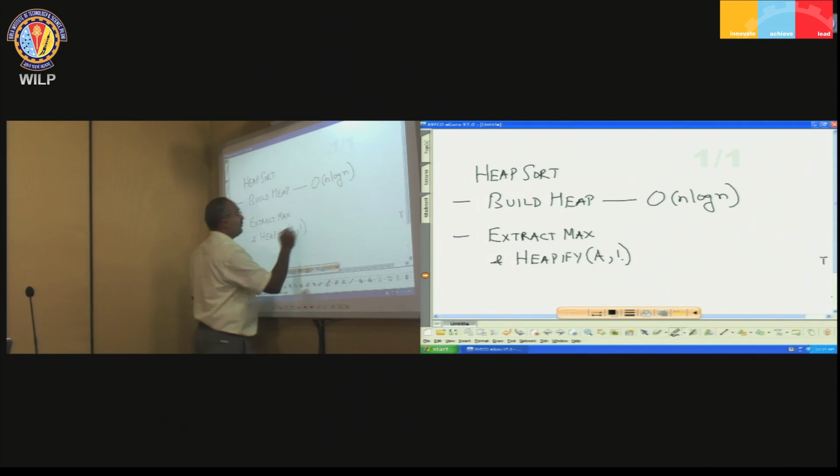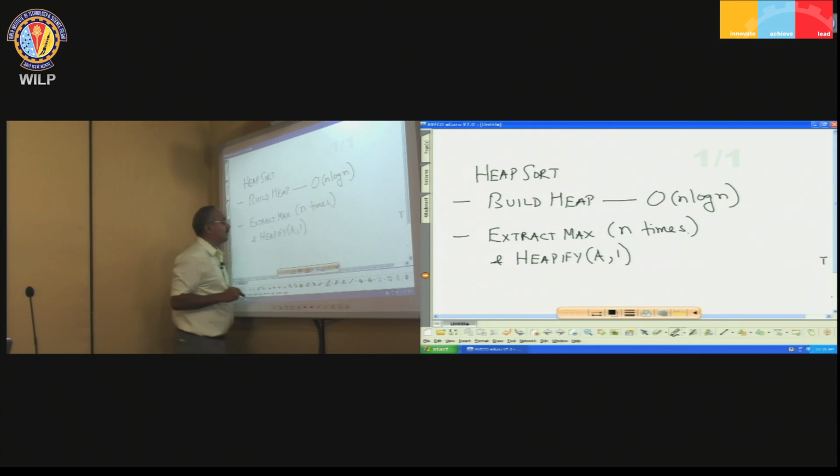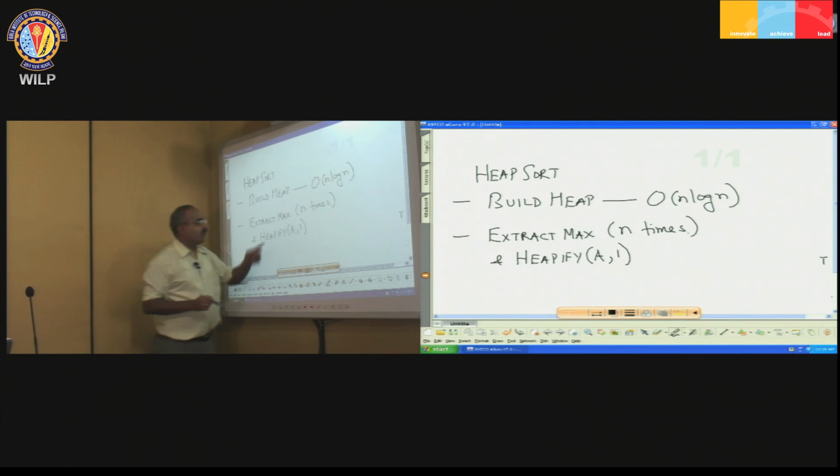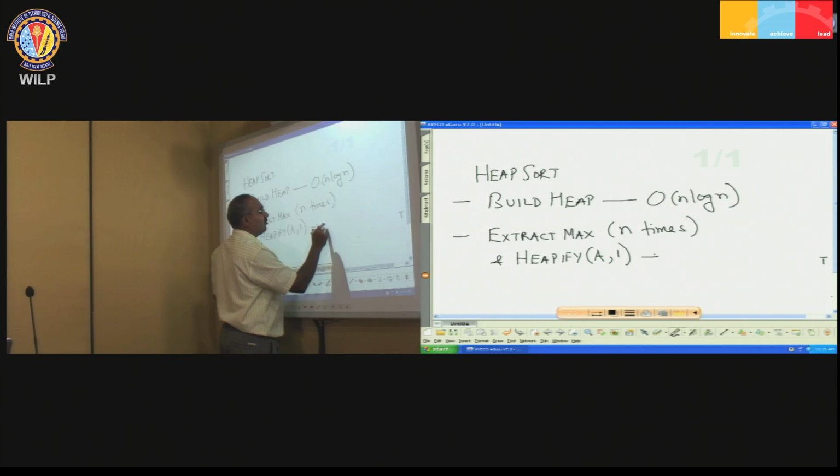We know the heapify procedure takes log n time, and doing this n times is going to give you order n log n.